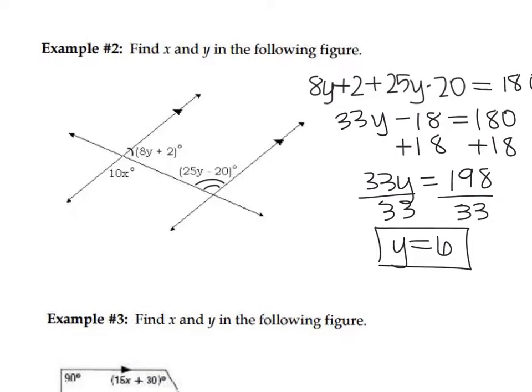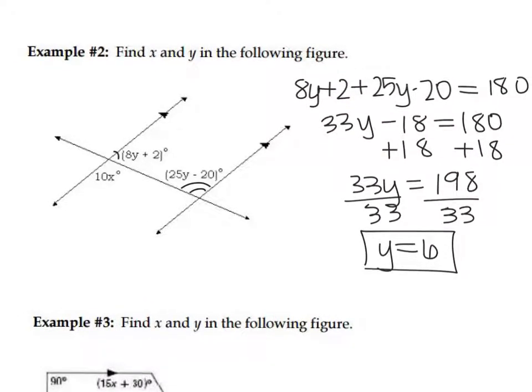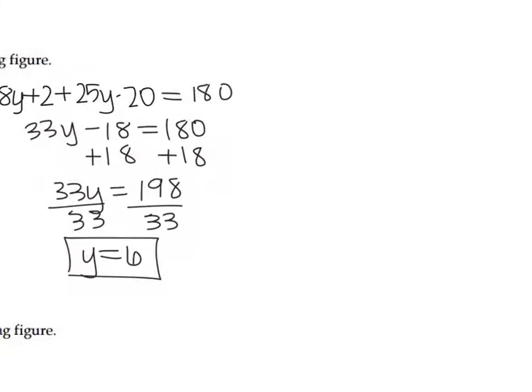Now we want to solve for x. So we want to use the fact that our angle involving x is alternate interior to our angle with the 25y minus 20, which means they are congruent. So I know 10x has to equal 25y minus 20. So over here, we have 10x equals 25y minus 20.